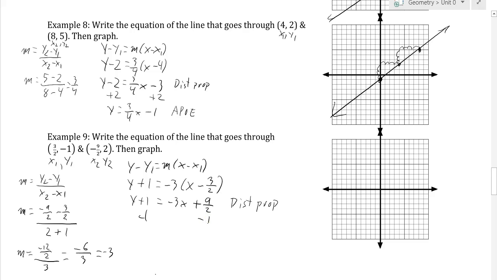Subtraction property of equality. So we're starting at 7/2, which is 3.5. We're rising -3, so we're rising -1, -2, -3, running 1. 1, 2, 3, running 1.